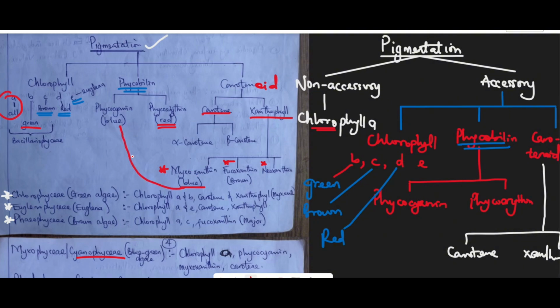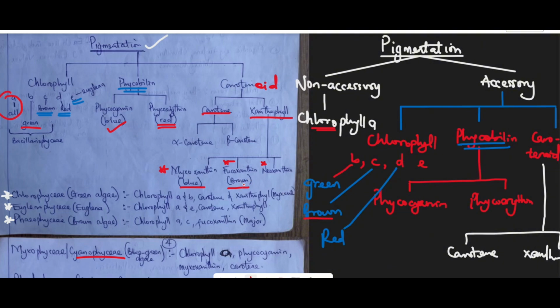Hence, for blue-green algae, we're going to have phycocyanin and we are going to have myxoxanthin. Then fucoxanthin's color is brown, which means that the brown algae, that's the Phaeophyceae, are going to work in line with chlorophyll C to make up the pigment for brown algae.